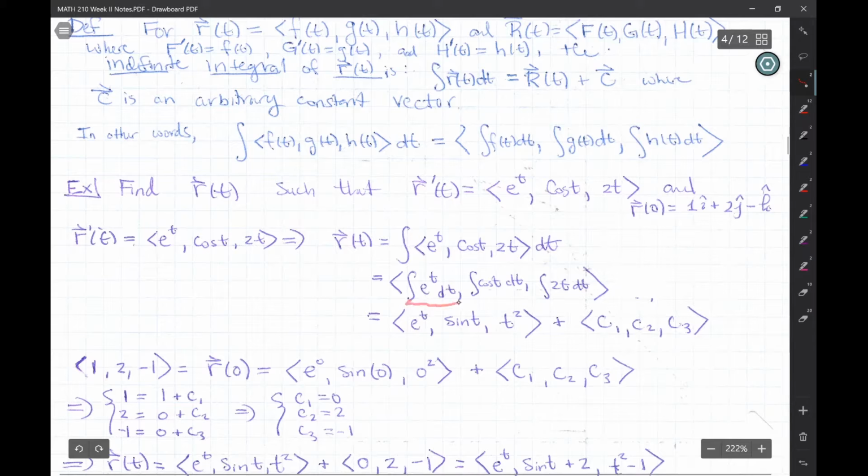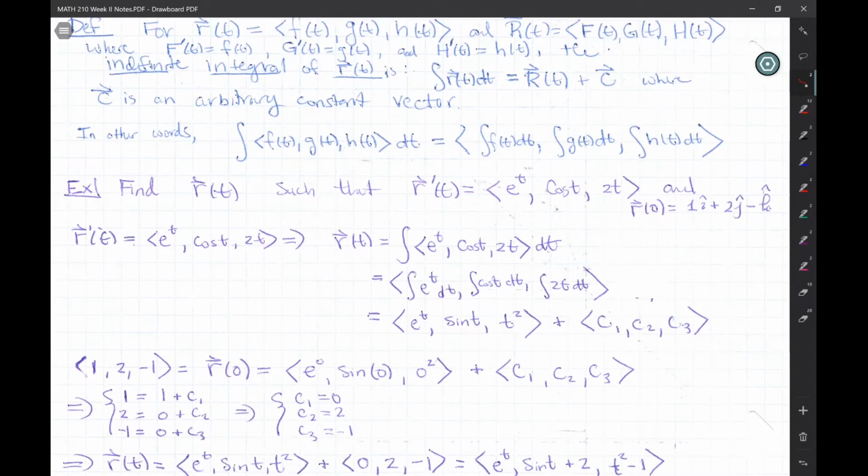So integrating, we just move the integral into each of the components. Now the integral of e to the power t is just e^t. What's the integral of cosine t? Well, that's going to be sine t. And what's the integral of 2t? That's going to be t squared. Okay? So just like that, we take the antiderivative, but don't forget this is the indefinite integral, so we also have a constant. Okay? So that's the indefinite integral part.